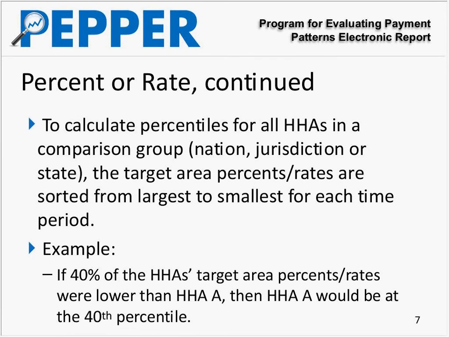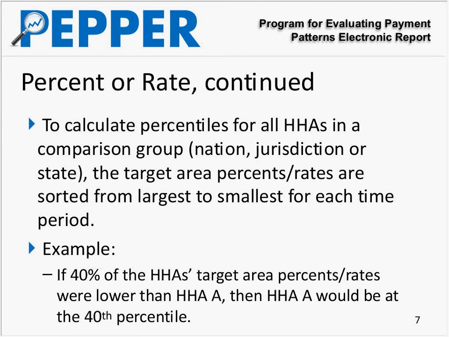To calculate percentiles for all home health agencies in a comparison group, which could be all agencies in the nation, it could be all in the jurisdiction, or it could be all agencies in the state, the target area percent or the rate for all of the agencies in that group are sorted from largest to smallest for each time period.